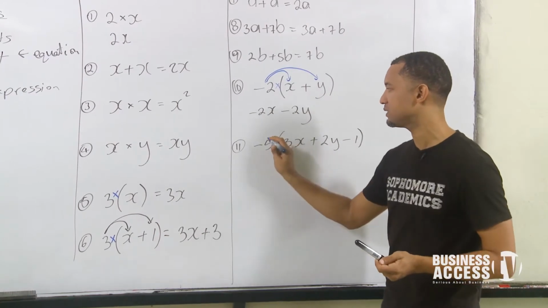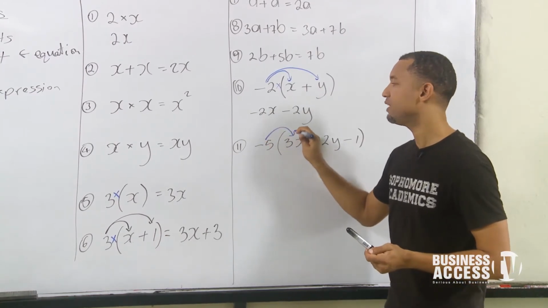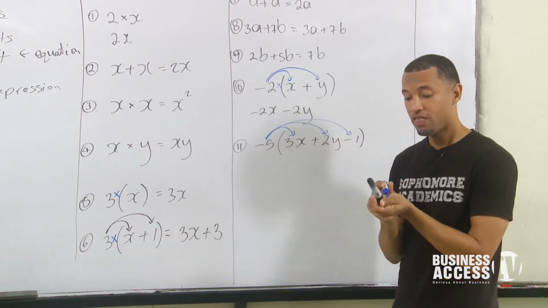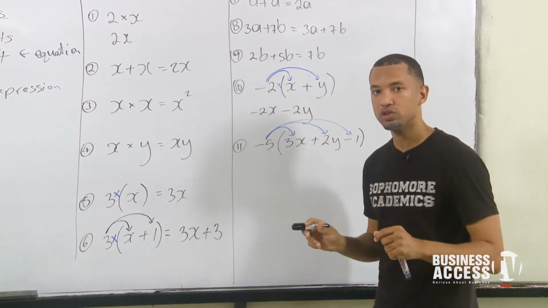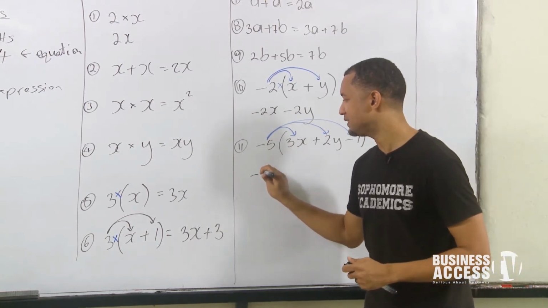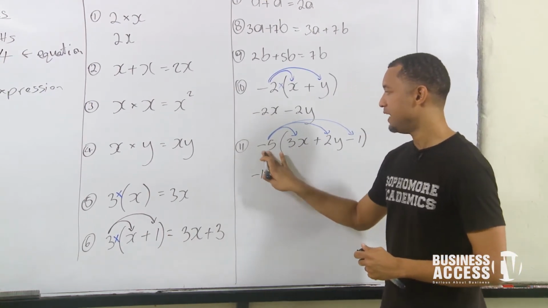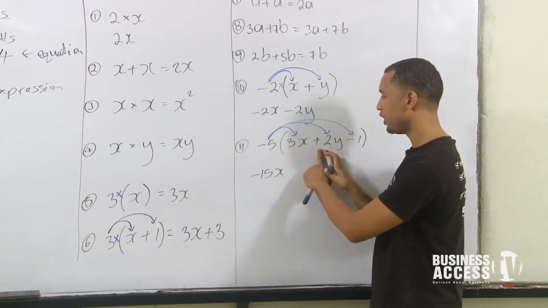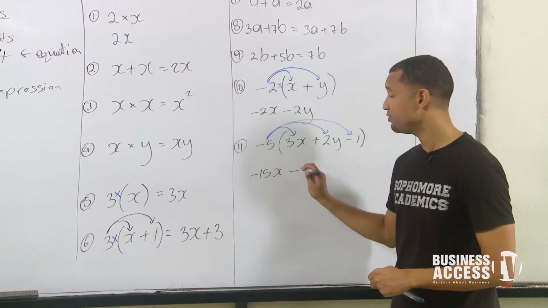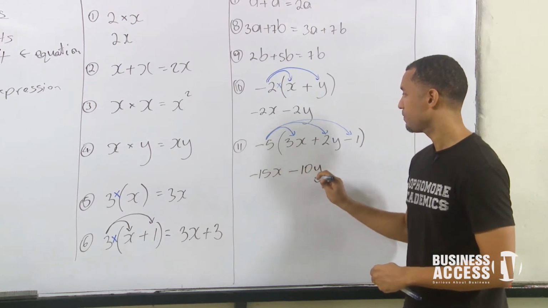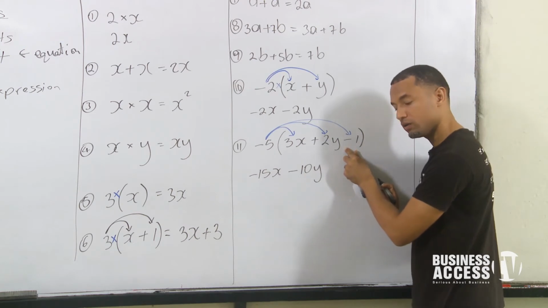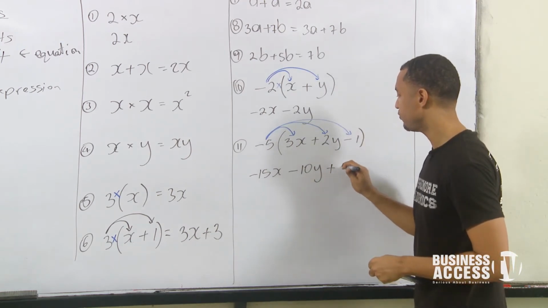Now, ladies and gents, -5 just multiplies each term in the bracket. Just stick to the rules. -5 times 3x, that's -15x. -5 times positive 2y is going to be -10y. And then -5 times -1 is going to be +5.